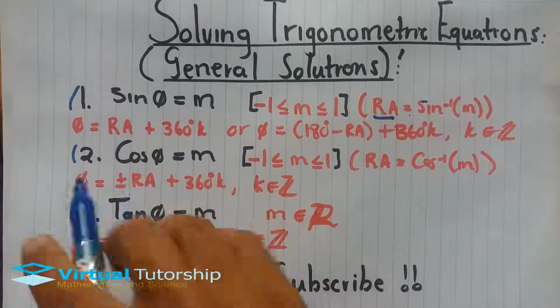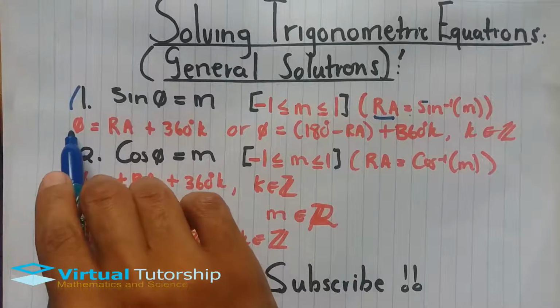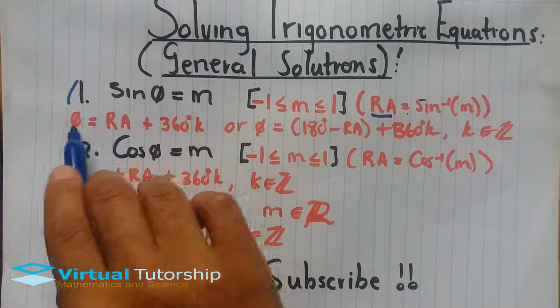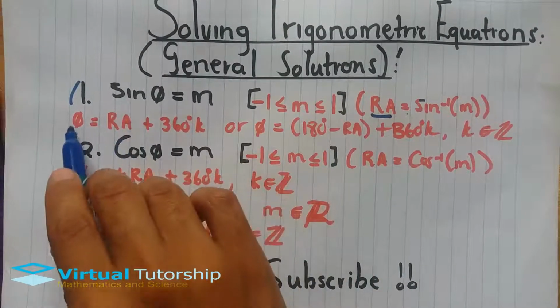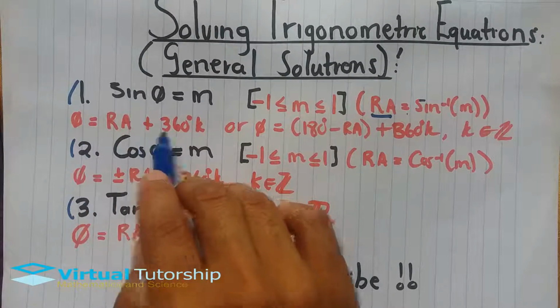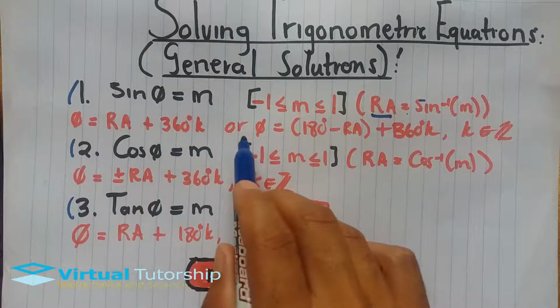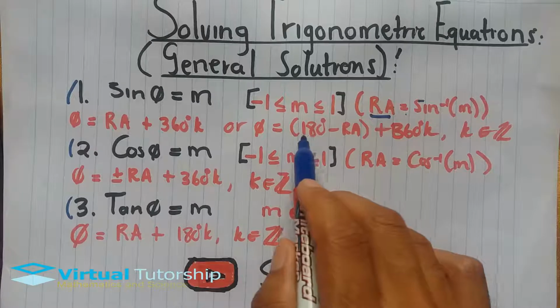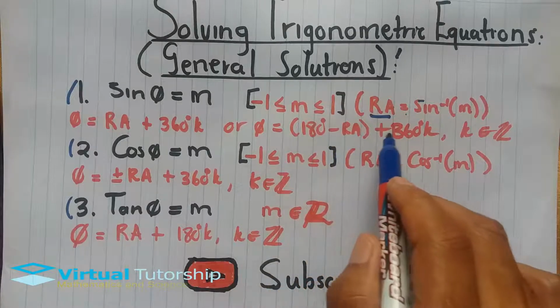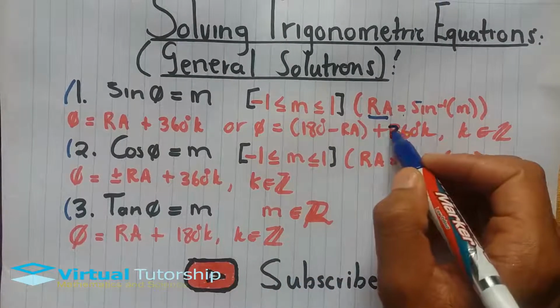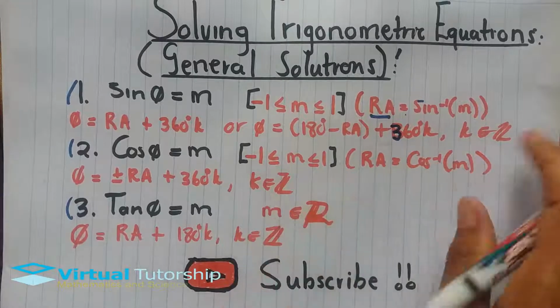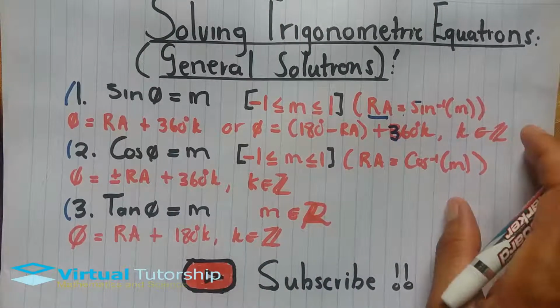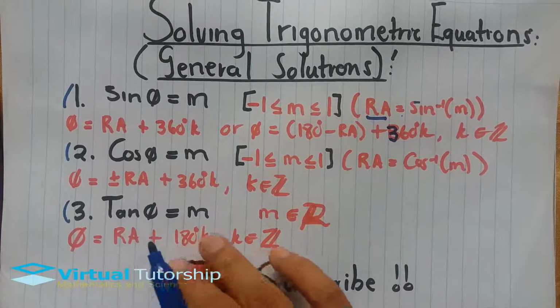So for the sine function, theta is equal to the reference angle plus 360 degrees times k, or theta is equal to 180 minus the reference angle plus 360 degrees times k, where k is an element of the integers.